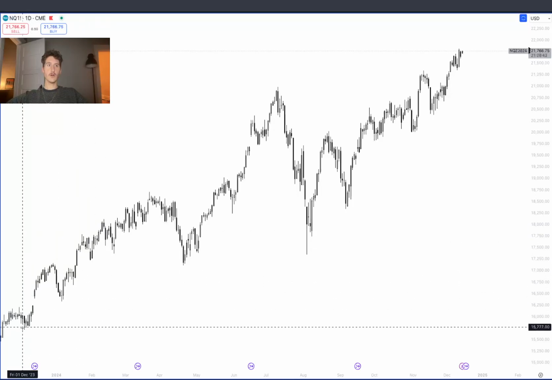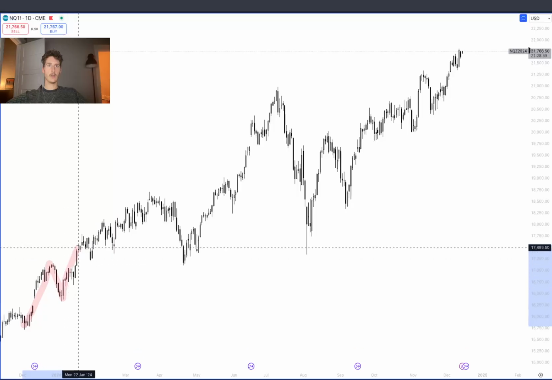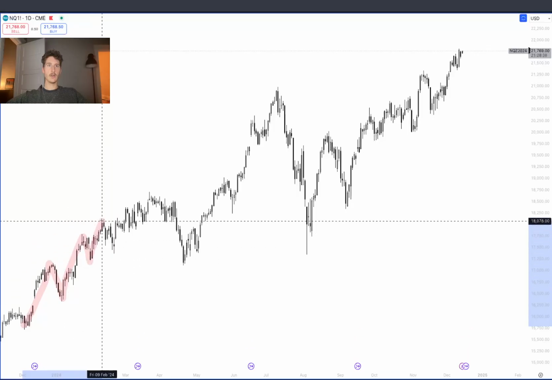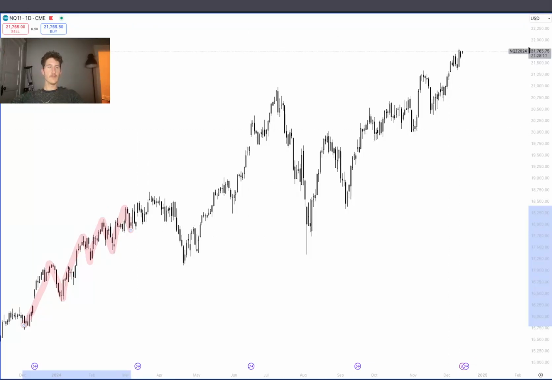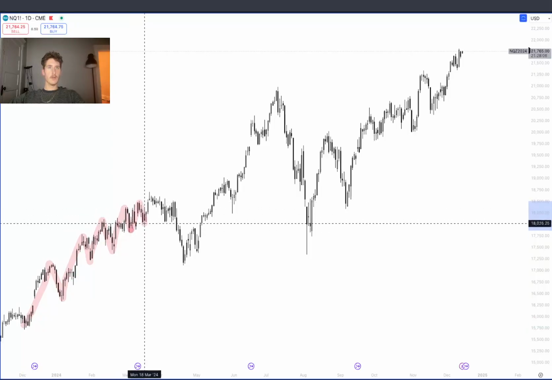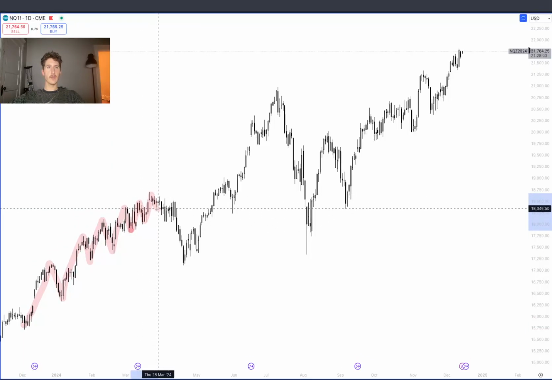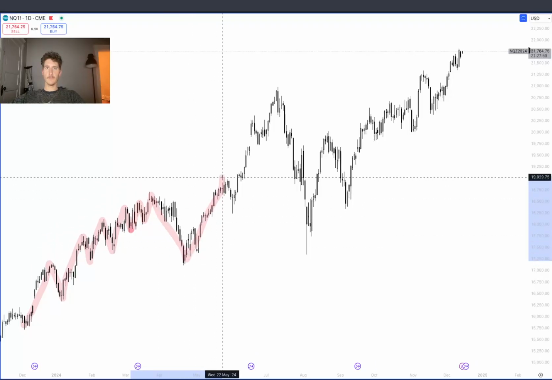And I'm just going to go ahead and draw out some market structure real quick. Anyways, drawing out the market structure still. We have a big flip down here, and we have a big flip up here.